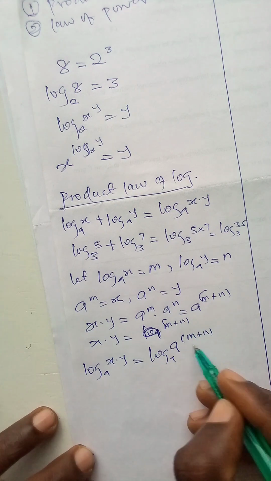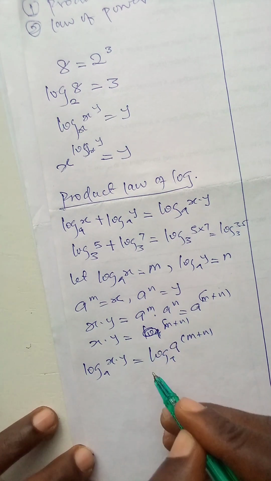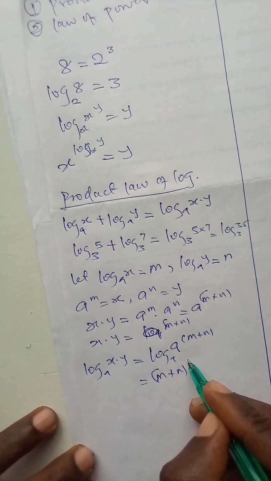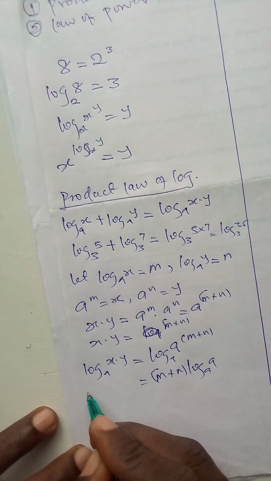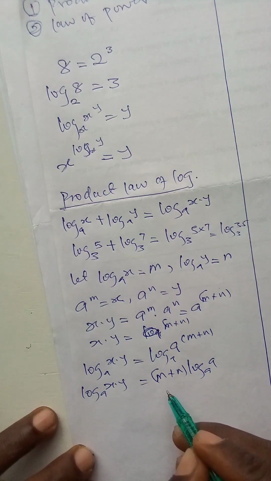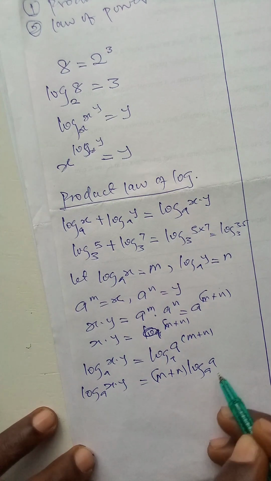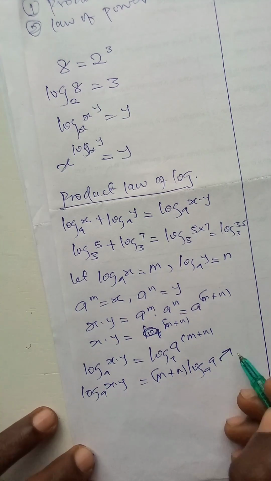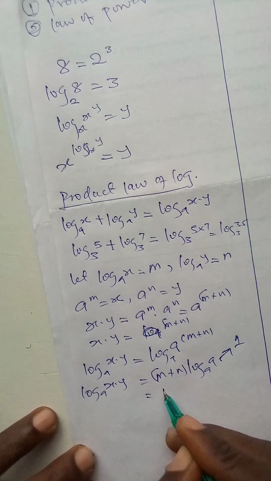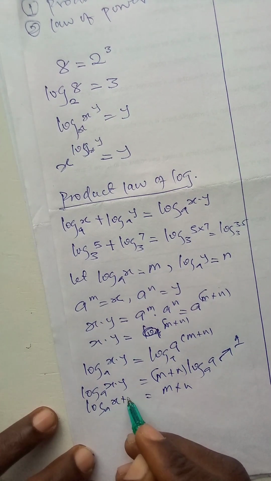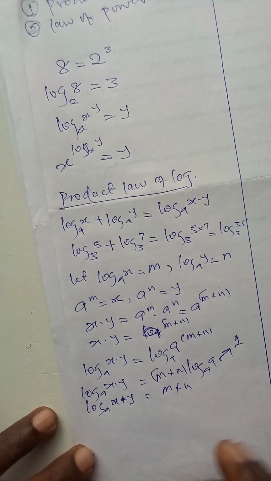Now, this power m plus n will come down, giving us (m plus n) log to base a of a. Log to base a of a is 1. So we'll have m plus n is log to base a of x times y.